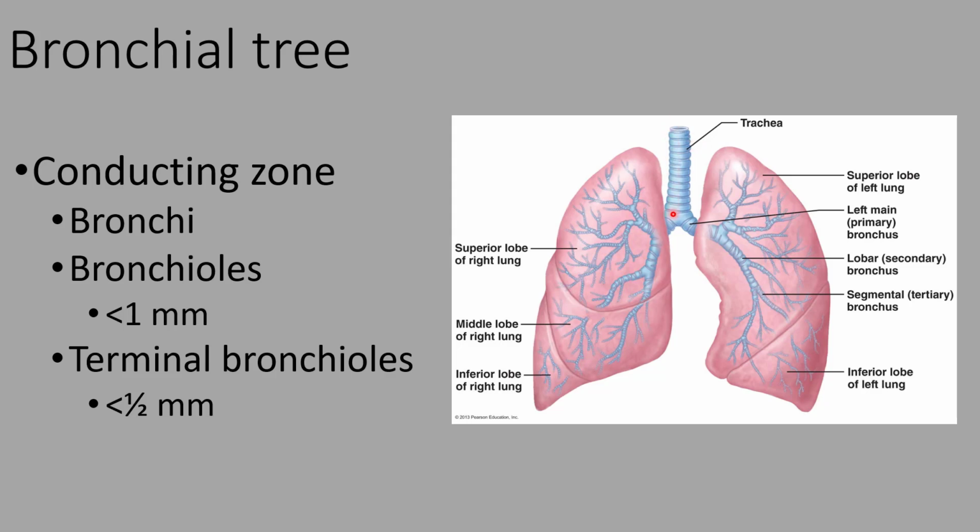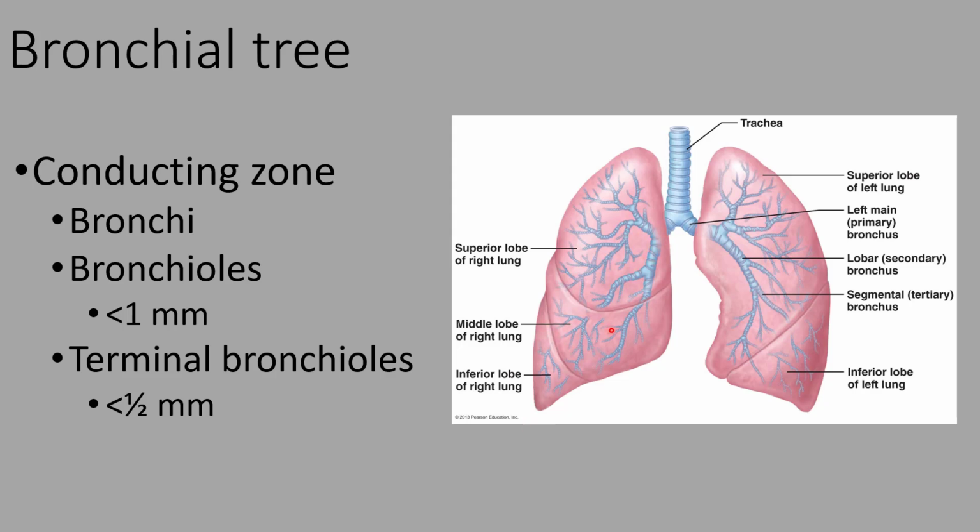But let's see exactly what the difference in some of these bronchi are. As we move from the trachea into the two primary bronchi, the right primary bronchus carries air into the right lung. The left primary bronchus carries air to the left lung. And then when we get to the secondary bronchi, we said the right has 3 and the left has 2. Each of these secondary bronchi carries air to one of the lobes of the lung.